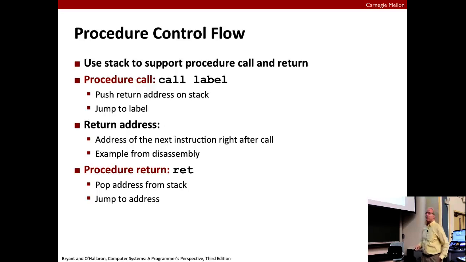There are two instructions, and you've seen these in some form. To call a function, you just call it, where you give a label. And the other is when you're ready to return, you just execute the RET instruction. Keep in mind, though, that these instructions don't do the whole business of procedure call and return.